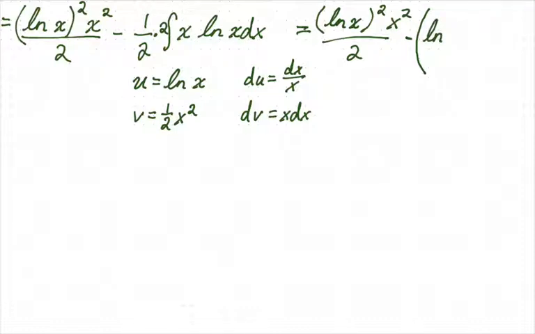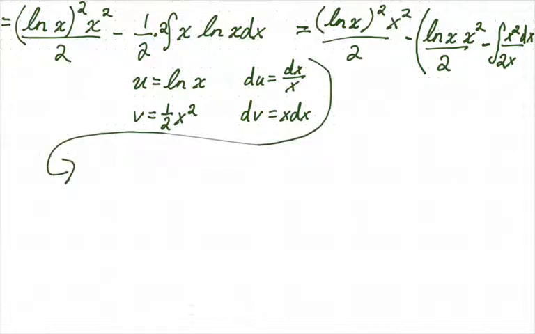So ln of x times x squared over 2 minus the integral of v du, so x squared over 2x dx. Sorry that that's getting a little bit squished, but now we're basically done.